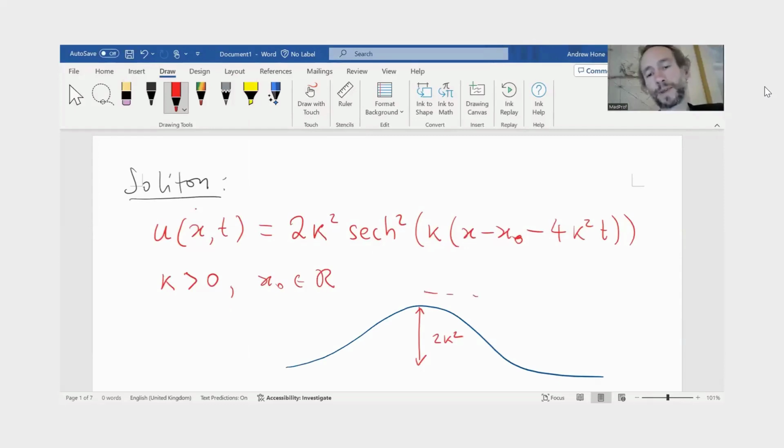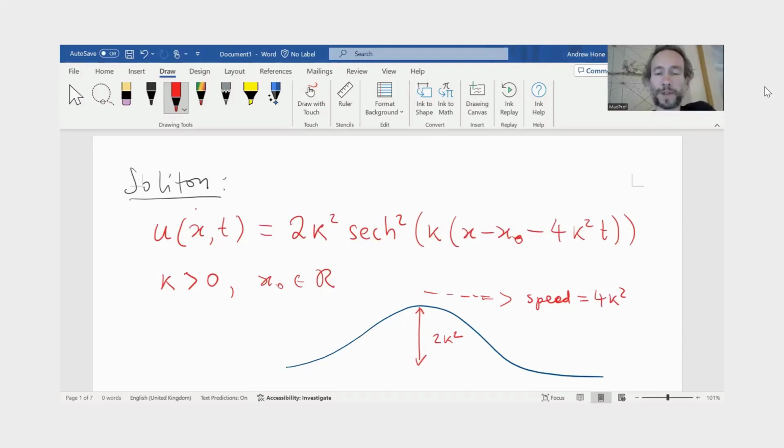And then this whole profile is moving to the right with a speed which is 4 kappa squared. So the amplitude and the speed are proportional to one another. There's just a factor of 2 between them.